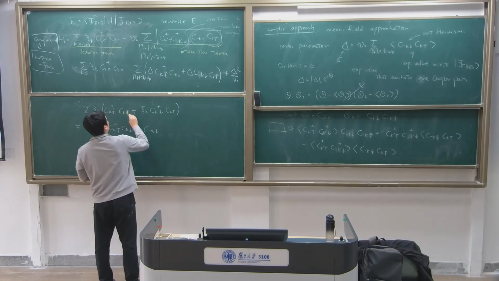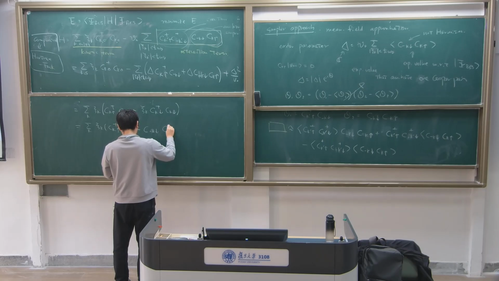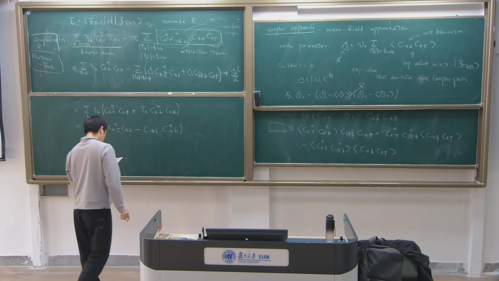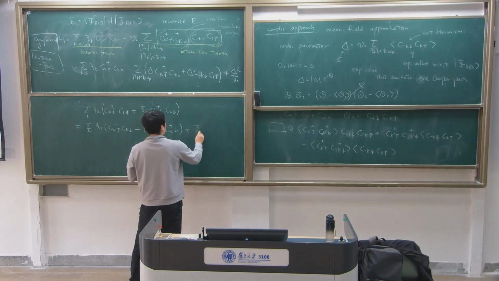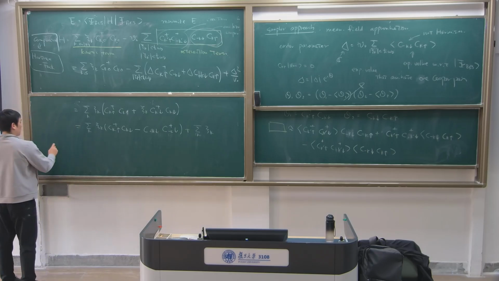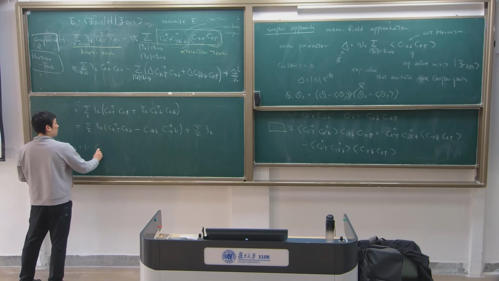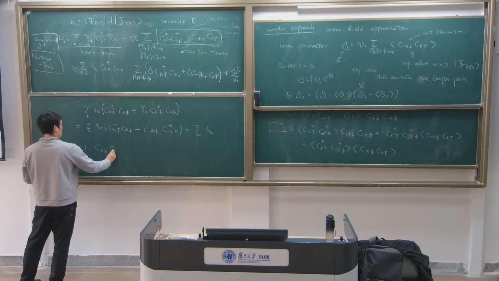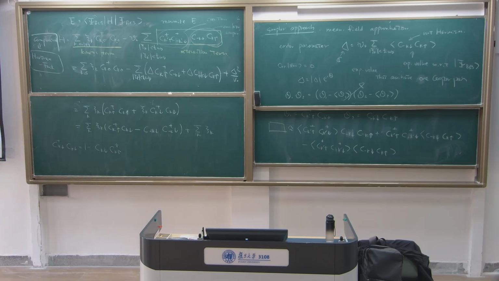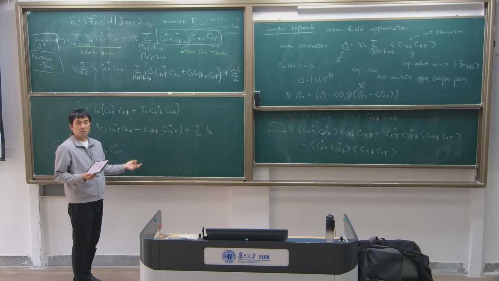Sorry, it should be on the same. Plus, is it okay? So here you just use the fact that c_k is equal to 1 minus e_k, using the anti-commutation relation. And you just flip the k to minus k. Is it okay?